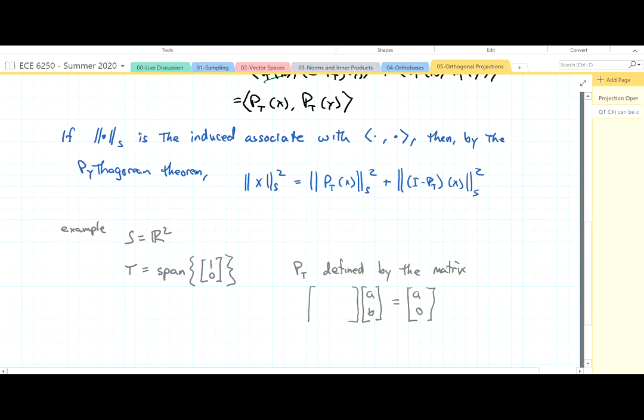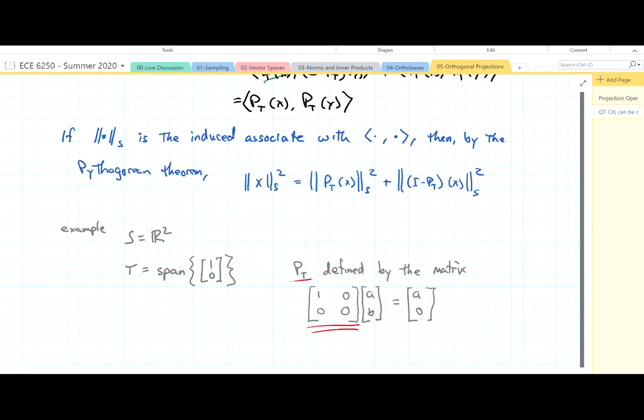So we'll just multiply this on the left by 1, 0, right, and below by 0, 0. And so that'll give us what we want. So Pt is then defined by that matrix.